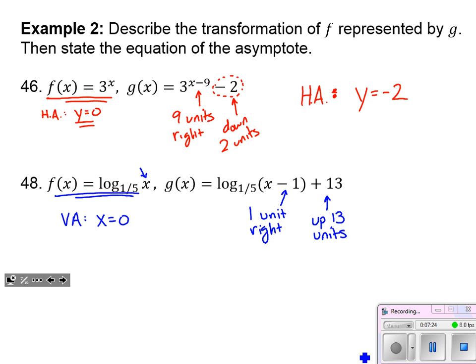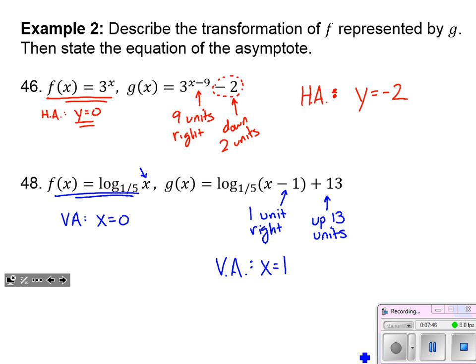All right, well, a logarithm has a vertical asymptote, so now I'm concerned with how the shifting is happening left and right. That's what would move that vertical asymptote. The up and down has no effect on logarithms. So my new vertical asymptote is the line x equals 1, because of that 1 unit shift to the right.